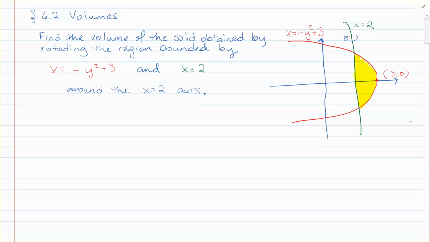Instead, this is a good example of a problem where we want our representative rectangle to be sideways, and if we were finding the area of this, we would integrate with respect to y, where the width of this little rectangle is delta y, and then as we shrink it infinitesimally small, we would say that is dy, our differential.